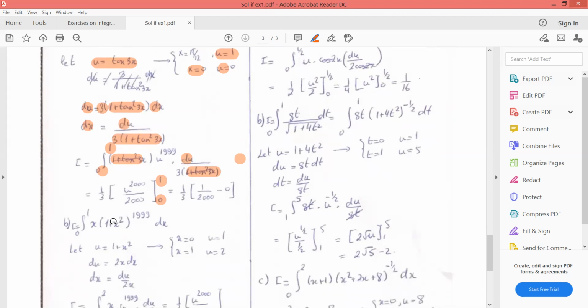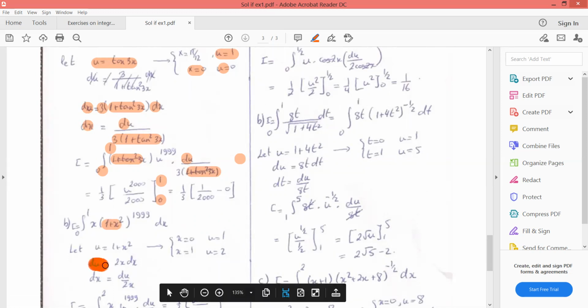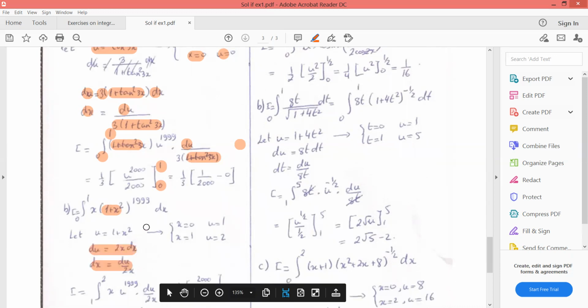The same here. What will we take as u in this example, part B? 1 plus x squared. du is 2x dx, and dx is du over 2x. Also we change the bounds: for x equal to 0, u equals 1.